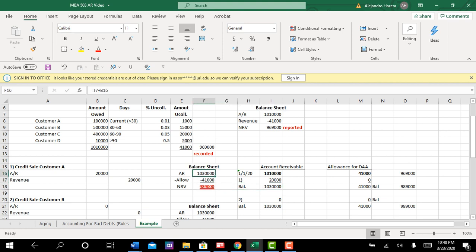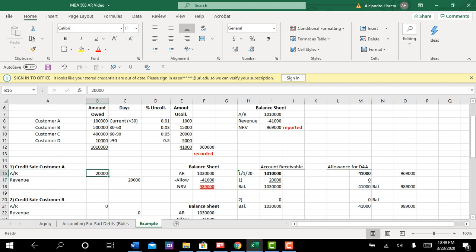Now, from a T account perspective, this debit from entry 1, as we're calling it, is posted to the accounts receivable account, and that will give you in the records a new balance in accounts receivable of $1,030,000.